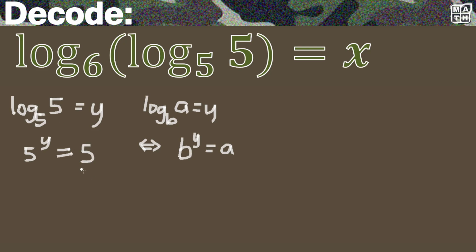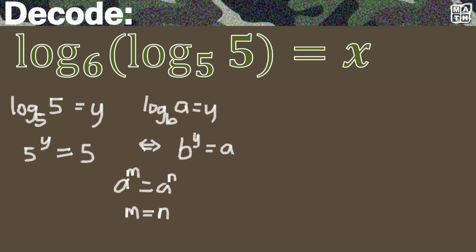And here we can use the property of equivalent exponents, which tells us that if you have two exponentiations, let's say a to the power of m and a to the power of n, they have the same base, we can say that the exponents are also equal to one another.